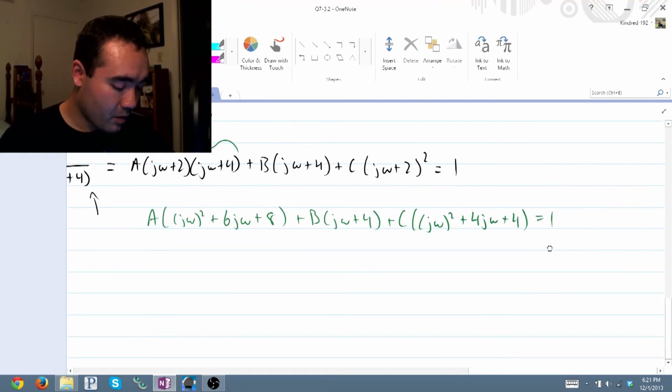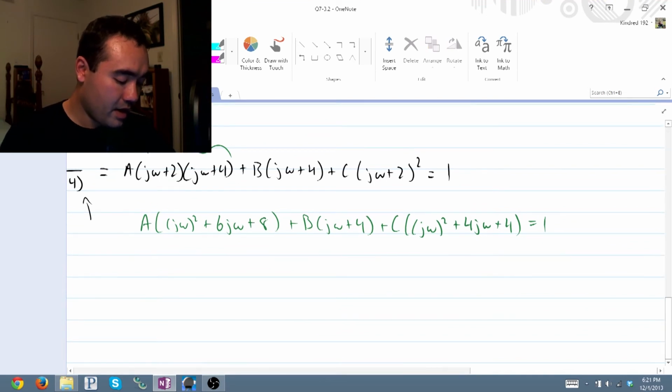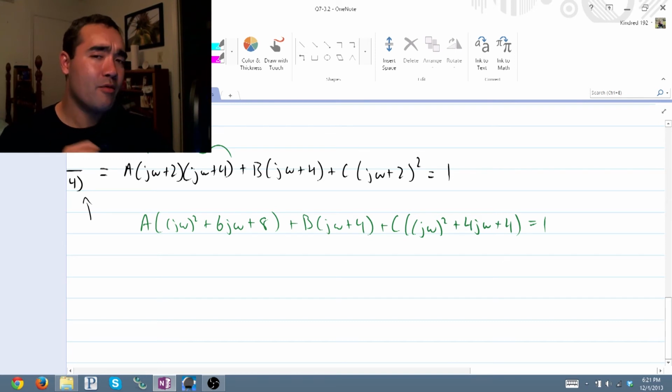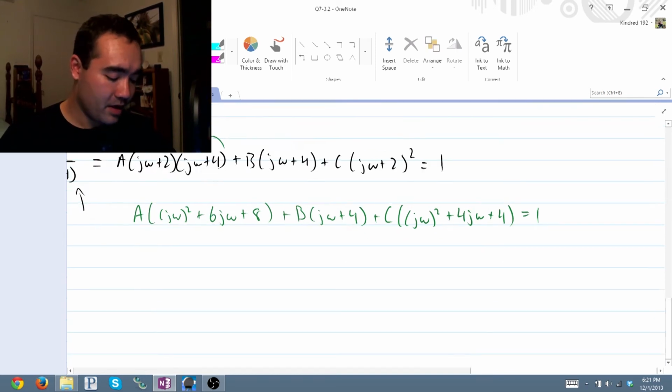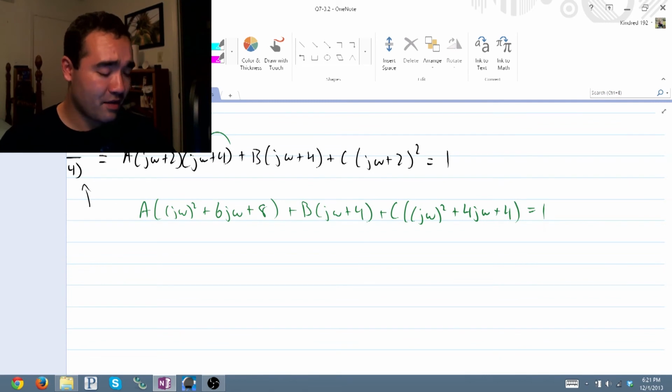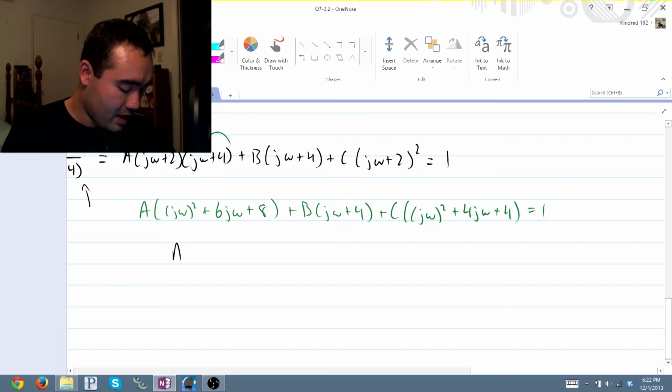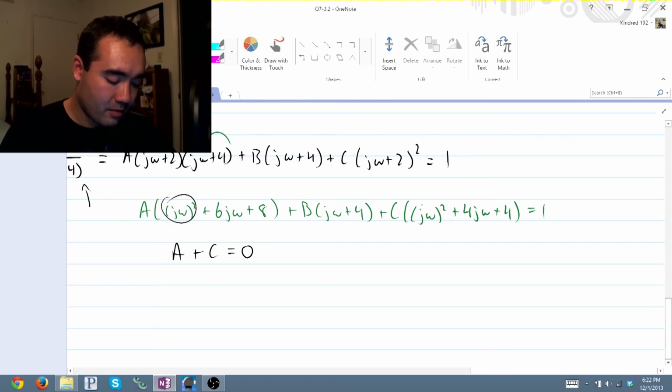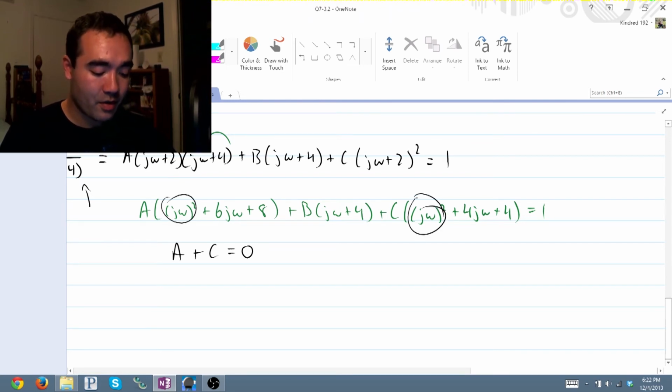Now, rather than do the algebra, I think you have a pretty good understanding of how we break this up. I'm sure that you've done it in previous classes. So I'm just going to skip those steps and go straight to A plus C equals 0, because we have A times the j omega squared term and C times the j omega squared term, so we just have those two equal 0 because there's no j omega squared term on this side.